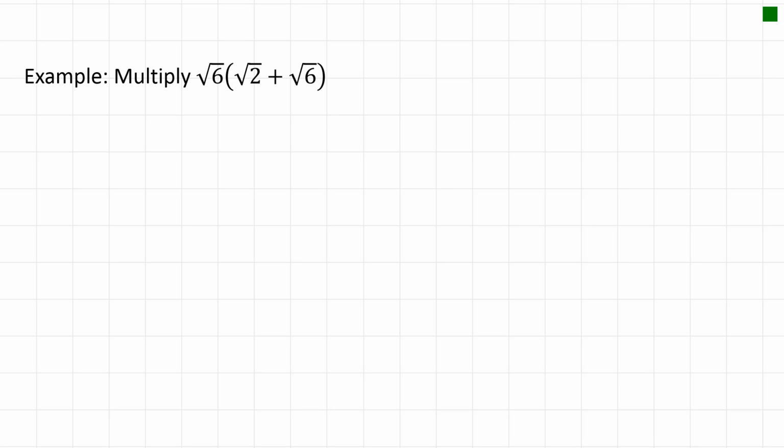So that square root of 6 has to get multiplied to each term in the brackets. So multiplying square root of 6 times the square root of 2 plus the square root of 6 times the square root of 6.